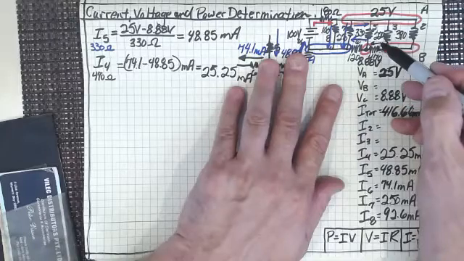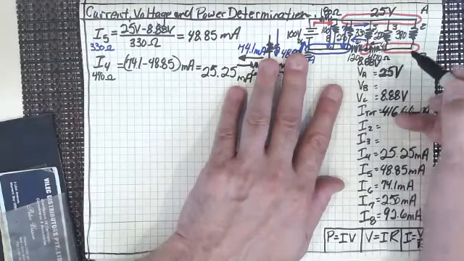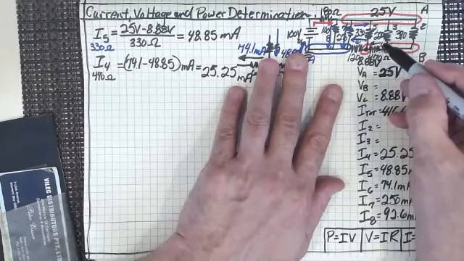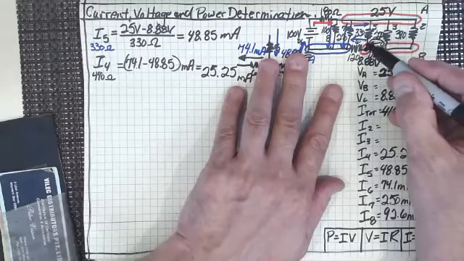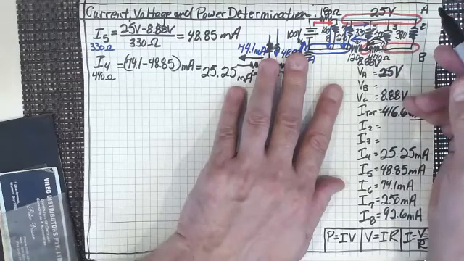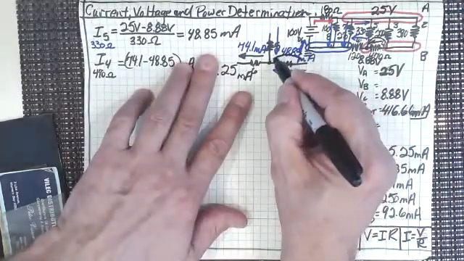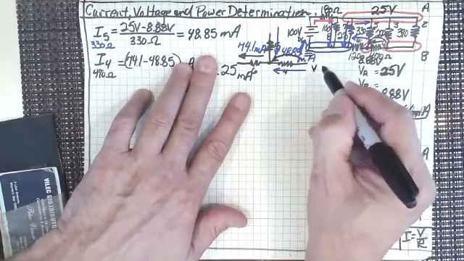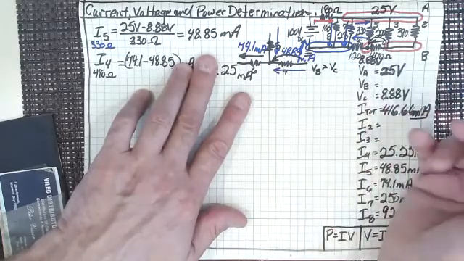And if I know the current flowing through the resistor and I know the resistor value, then I should be able to find the voltage drop across there, right? And the voltage drop, of course, would be in this direction because that's the current flow. So my voltage drop is going to be across here. And that means this voltage will be higher. Voltage at B will be greater than the voltage at C, which is what we would expect anyway.